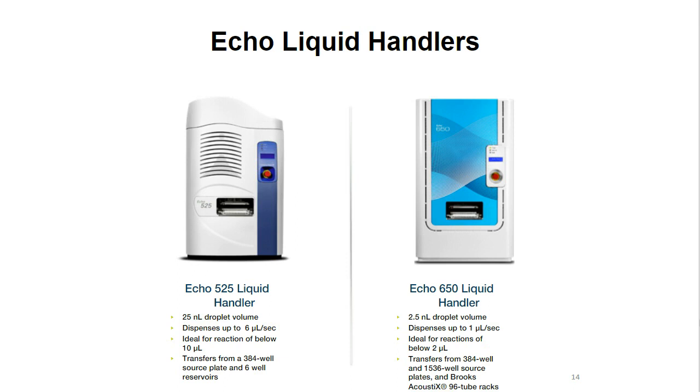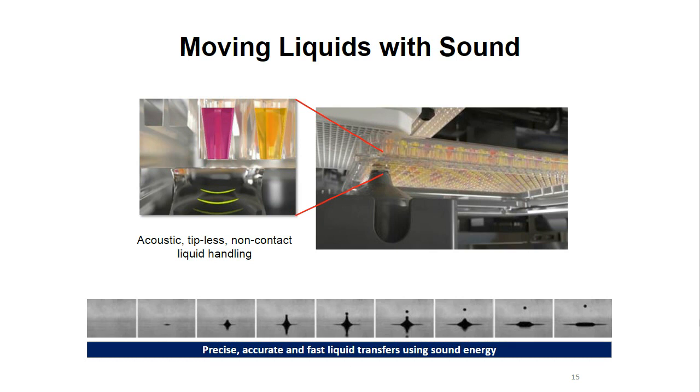In this slide, you see the technology of the Echo sold by Beckman Coulter Life Sciences. On the top left corner, you see a source plate loaded with 2 different solutions. One is purple and one is yellow. And below the purple solution, you see the acoustic system that is going to produce small droplets that are shot above into the destination plate that is upside down just above the source plate, as you can see in the picture on the right here.